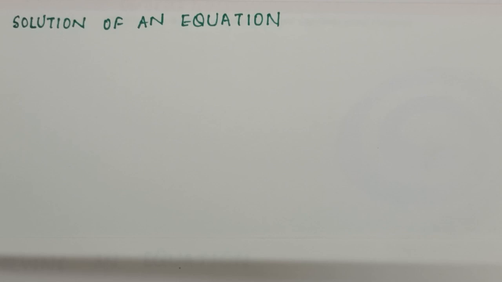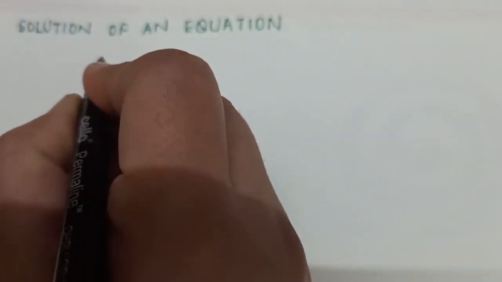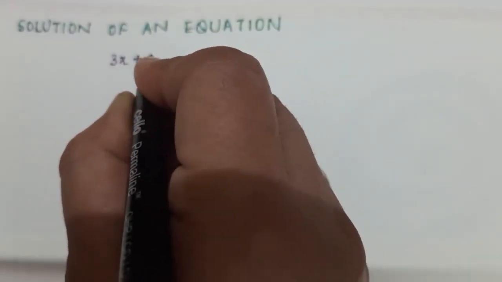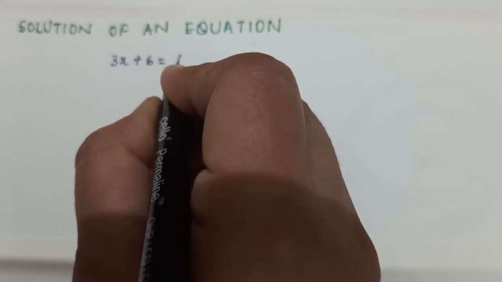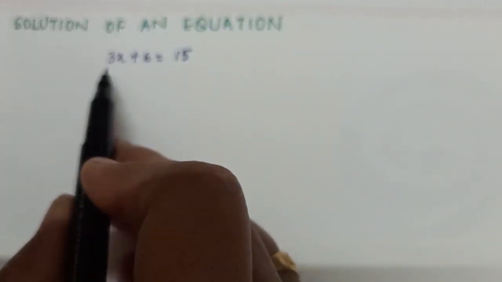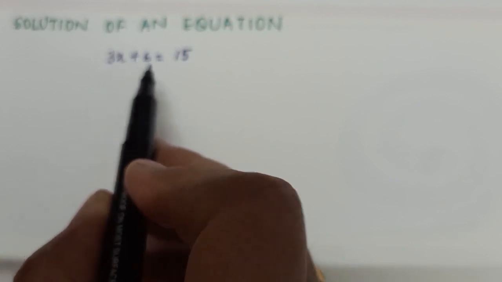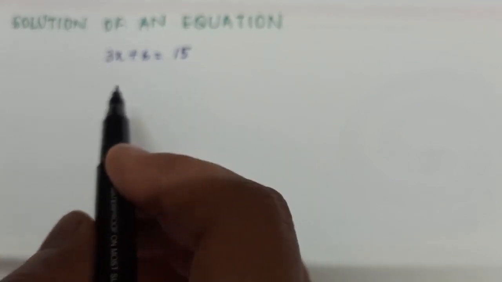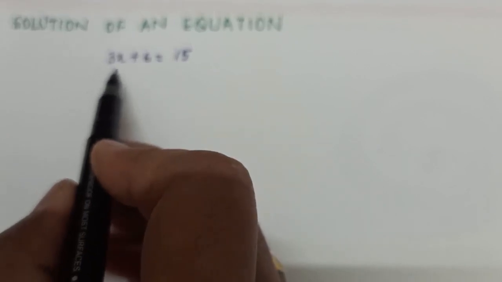Let us take an example for this. 3x plus 6 is equal to 15. Here our left hand side is 3x plus 6 and right hand side is 15. Now I want to find the value of x here.